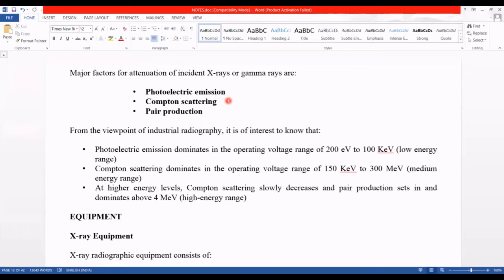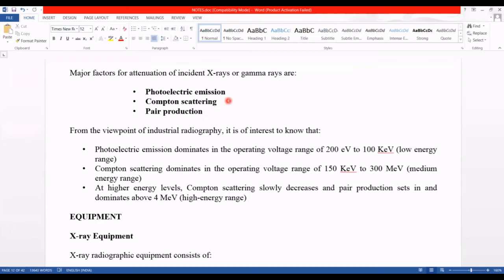Second one, Compton scattering. Here, while the photons in the radiation are interacting with the matter, while hitting the atoms of the matter, these photons are reflected back at a certain angle.